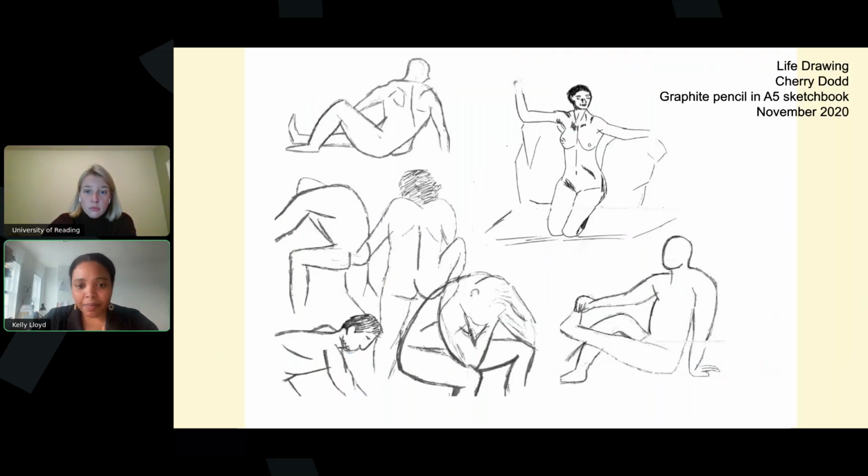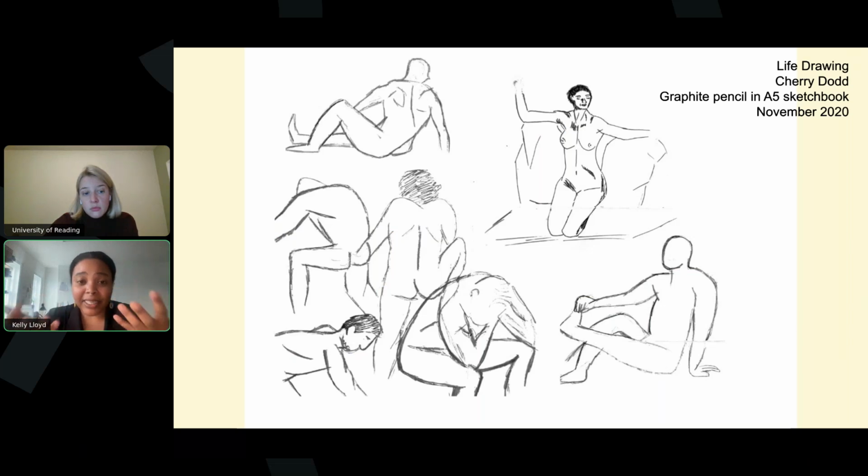Again, this is a really good example of how on one slide you can add multiple images. And so as Cherry did before, having 3 images from the same project, she has taken different images, life drawing sketches, and then put them all on the same slide. So it doesn't seem distracting.